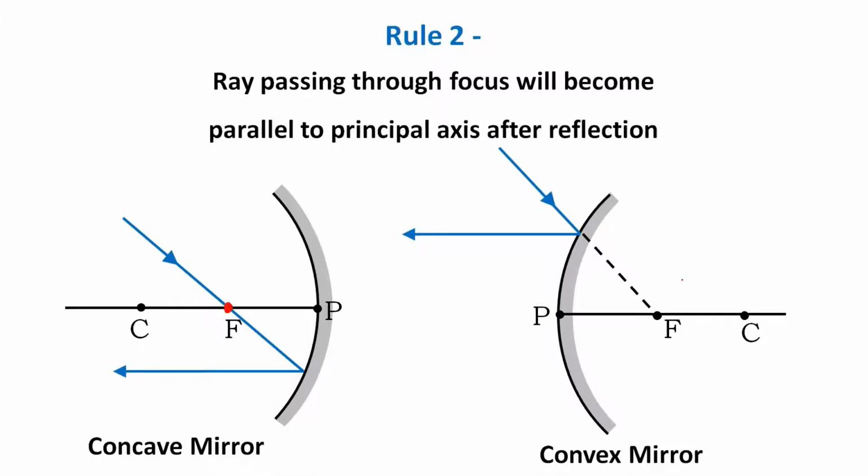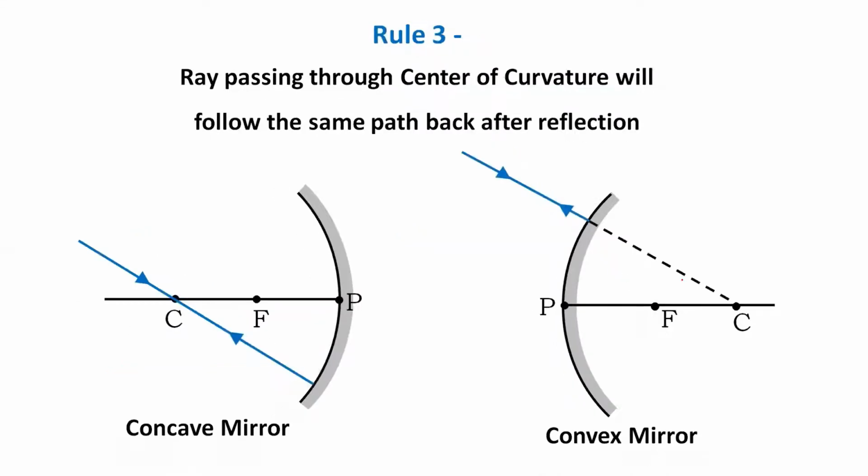Okay, so last one, an easy one. Any ray which goes through the center, C point, will reflect back along the same path. The reason is C is the center of the curvature. It's like the radius, so this line is perpendicular to the surface of the mirror.